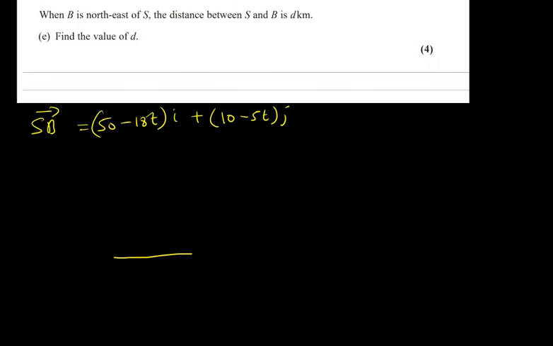Now what happens in this is that if B is in the northeast, let me just model it somewhere here. Northeast is this one here.